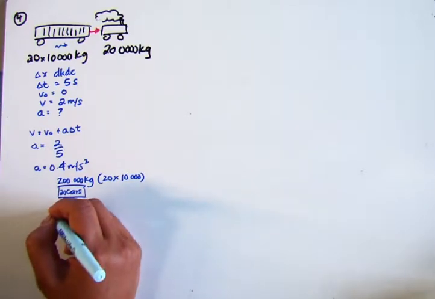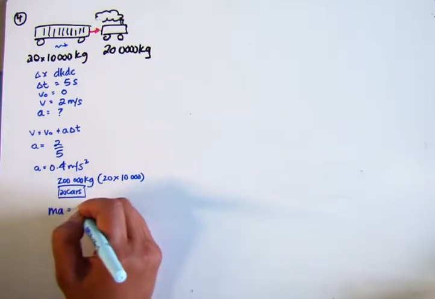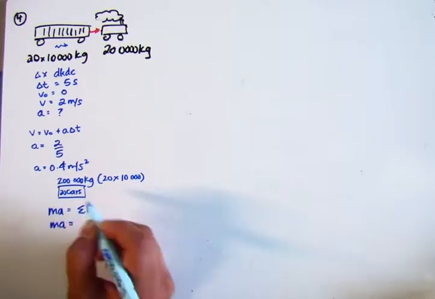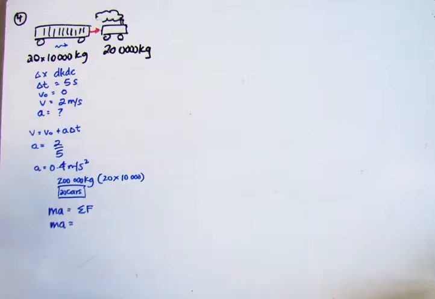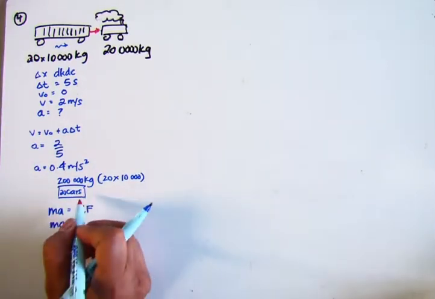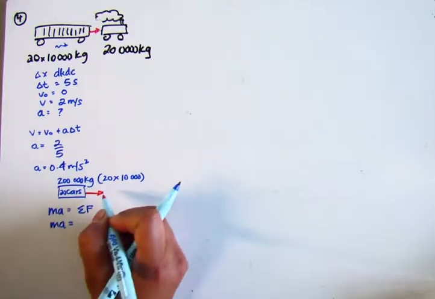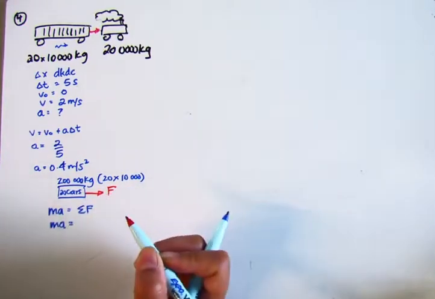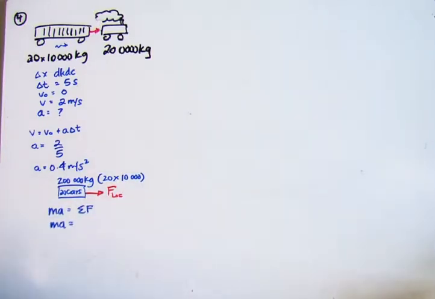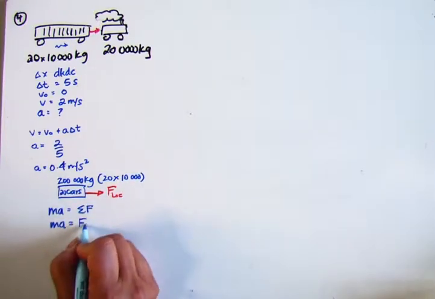And we start with our MA equals the sum of the forces. And what are the forces? Well, there's only one force, isn't there? There's no friction that they talk about, so we're going to ignore it. The only force that we can see is this force of the locomotive, right? So we're going to say that MA equals the force of the locomotive.